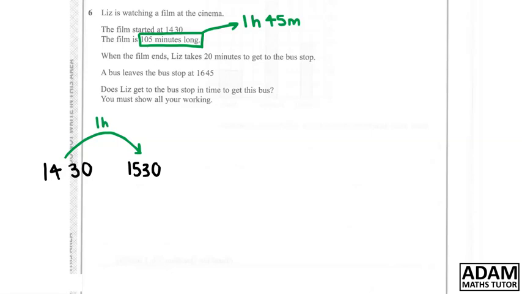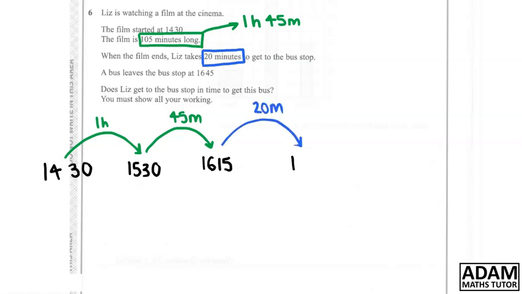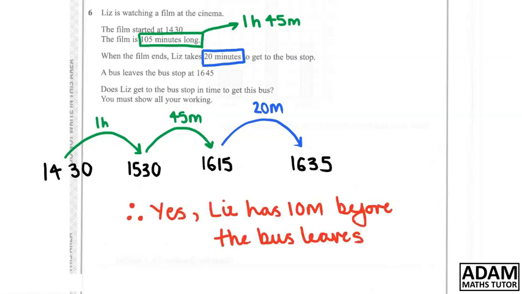Then I can add the 45 minutes on, which would be 16:15. And lastly, when the film finished, it took Liz 20 minutes to get to the bus stop. So add on 20 minutes, and that would be 16:35. Therefore, Liz does arrive at the bus stop to get the bus, as there's 10 minutes before the bus leaves.